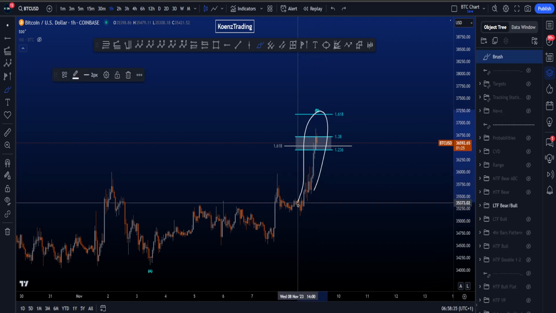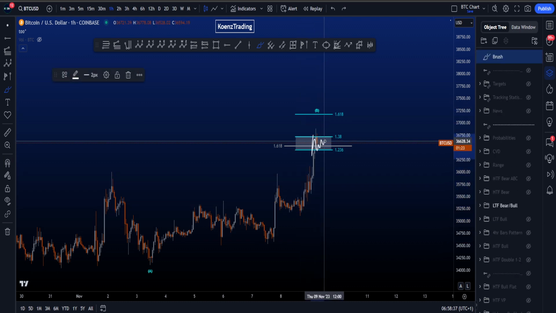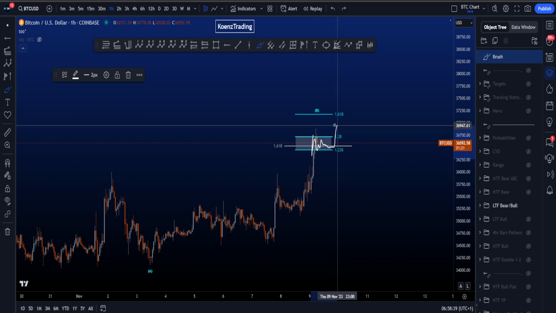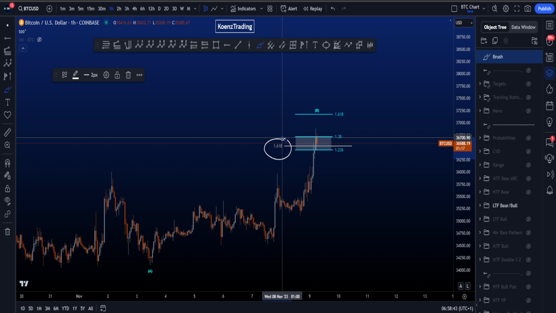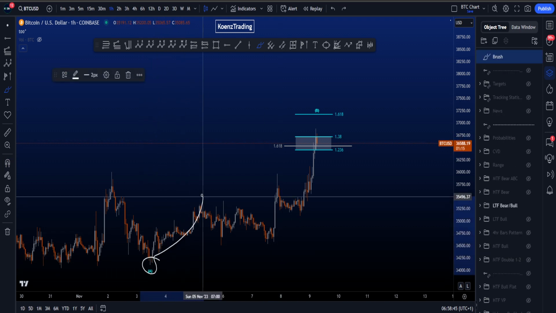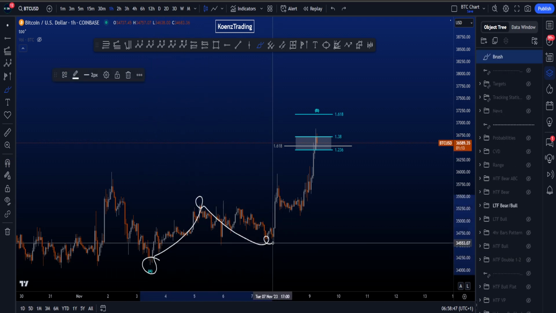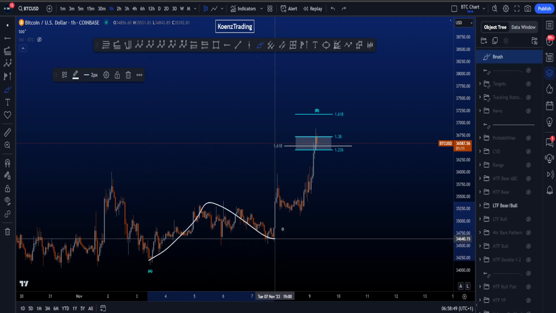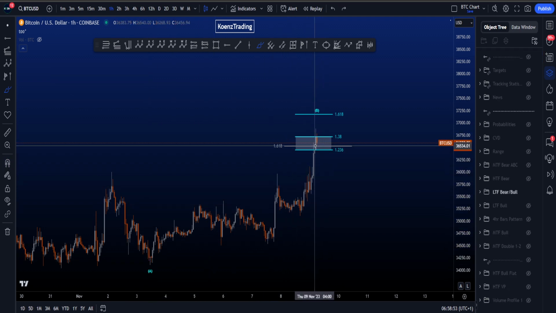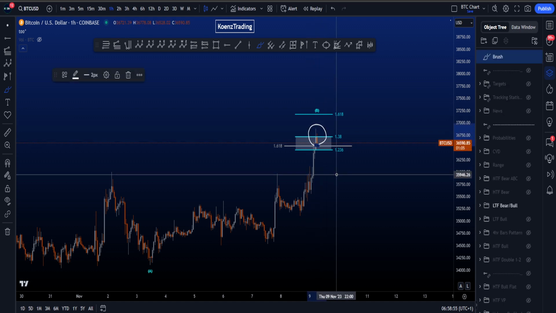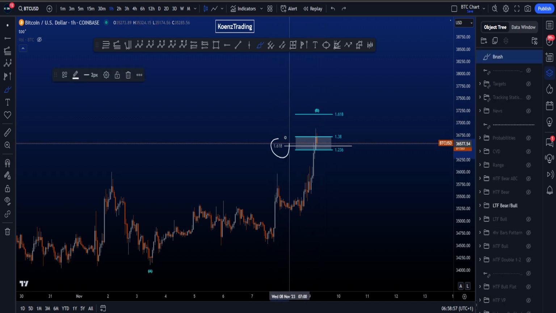But based on what we see here, I would still expect some ranging and at least taking this high one more time. Also, you can see the 1.618, which is pulled from this low to then the high of A to the low of B. And for a zigzag, in an ABC zigzag, the 1.618 is already a less common target, and now over here, as you can see, we are starting to close candles above the 1.618.